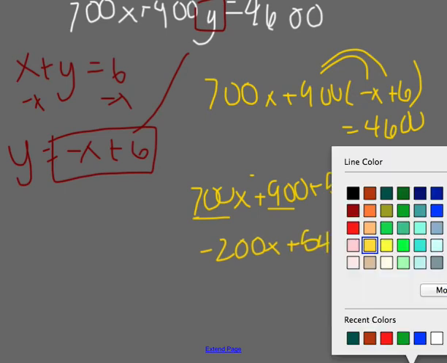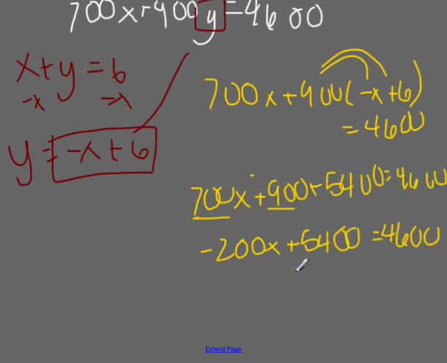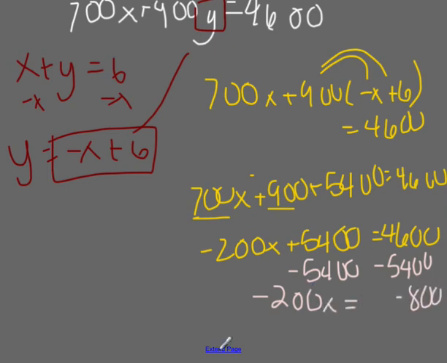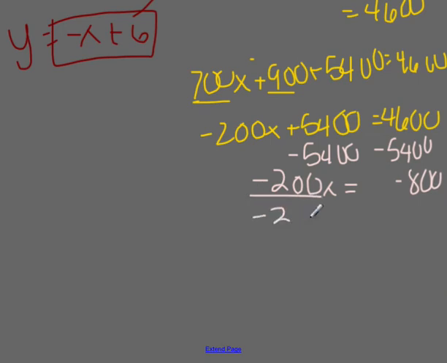So I'm going to keep solving for x. I'm going to subtract this from both sides. So I get negative 200x is equal to a negative 800. Divide both sides by negative 200. And I get that x is equal to 4. So there's 4 2-bedroom apartments.